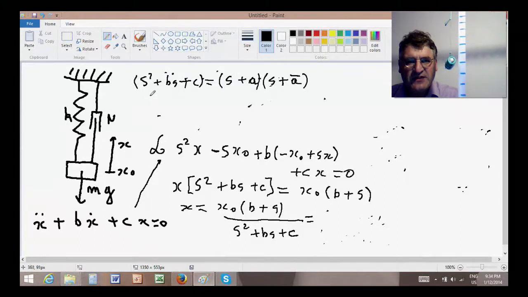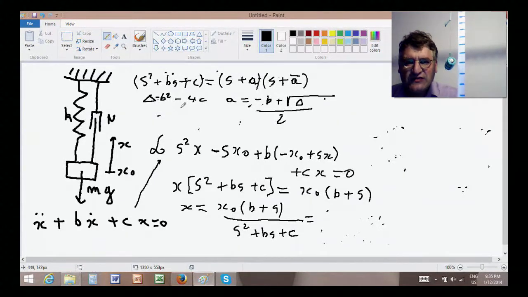I write the discriminant delta as b squared minus 4c, and we have that a is equal to minus b plus square root of delta, divided by 2.